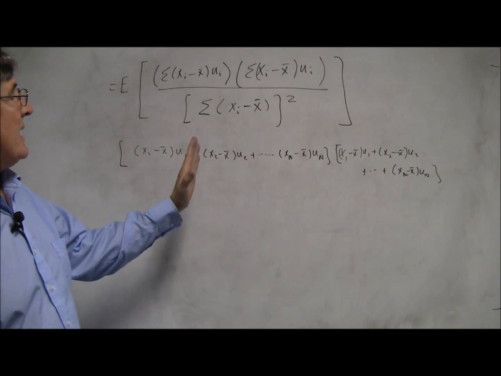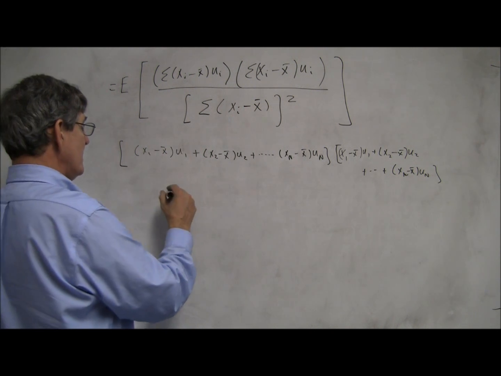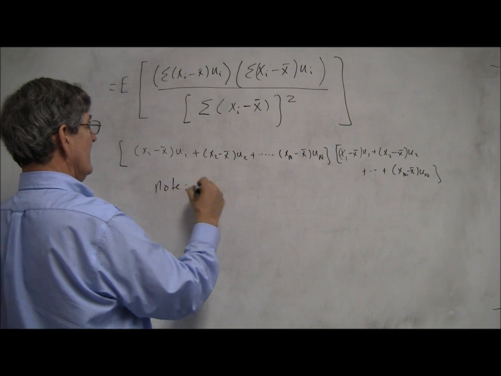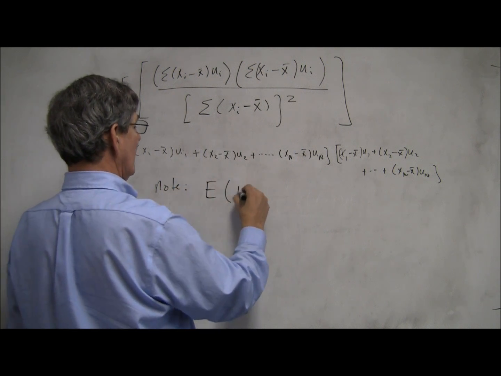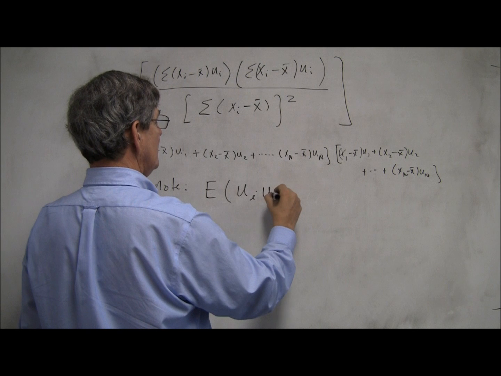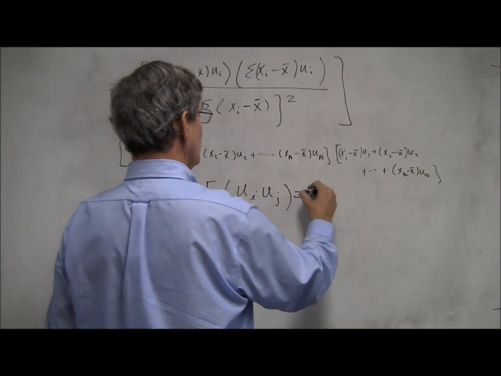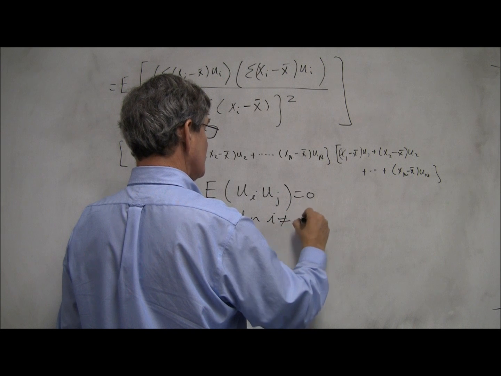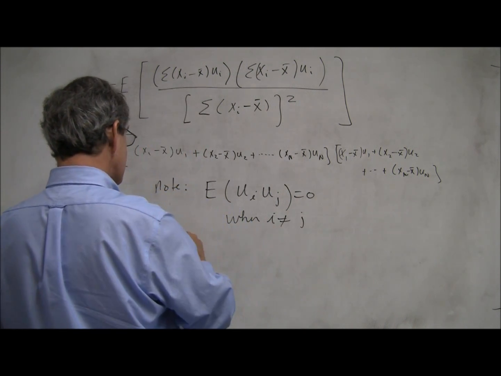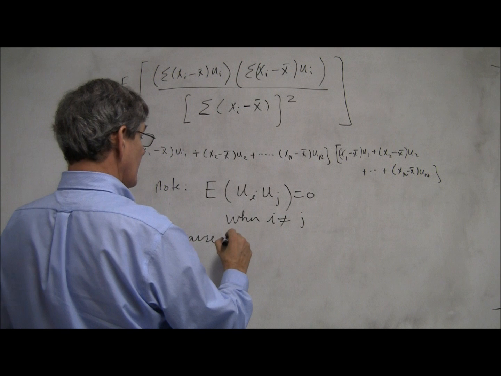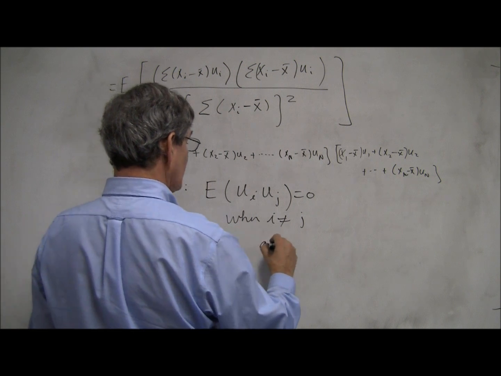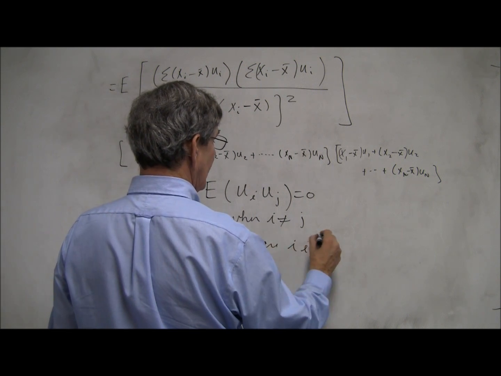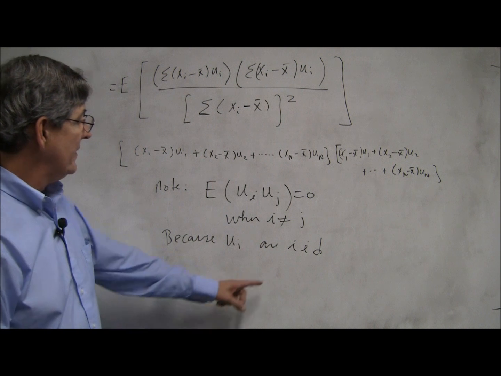And then I'm going to bring the expectation in. But what I want you to note is that the expected value of ui uj is equal to 0 when i does not equal j, because the ui's are independently and identically distributed. They're independent.